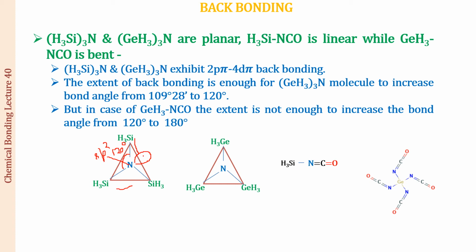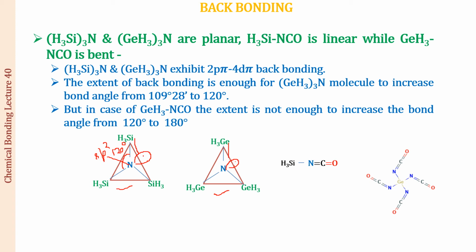If you look at trigermyl amine, again nitrogen is a second period element with a lone pair of electrons, and germanium has vacant 4d orbitals, which participate in back bonding with nitrogen.